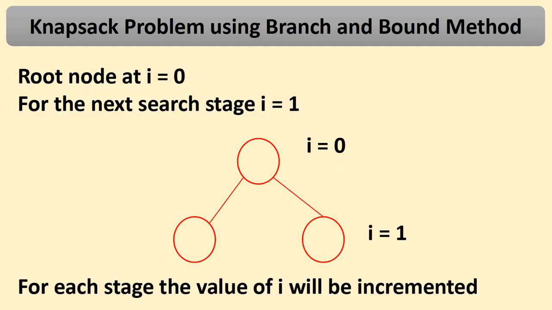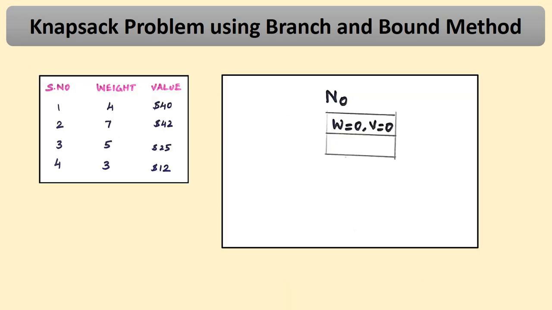As I mentioned, at the root node the value of i is 0. Okay, for the next search we have to move to the next stage. In that case i will be equal to 1. So for each stage the value of i will be incremented. Now we'll start the state space tree.